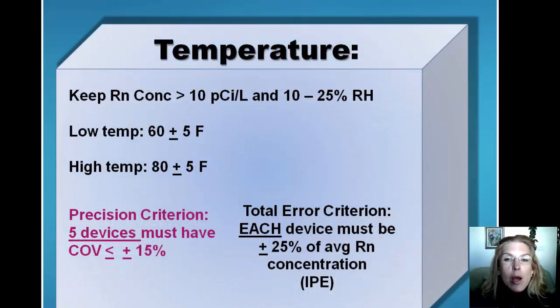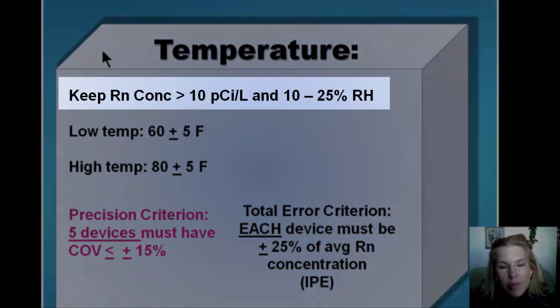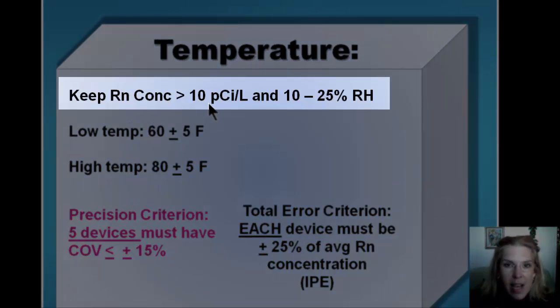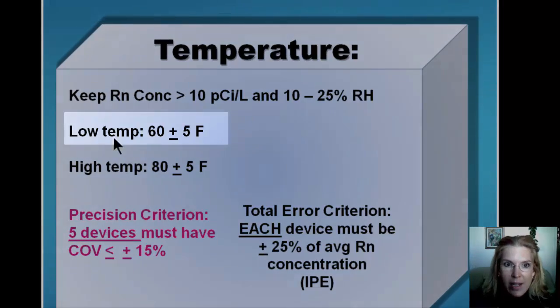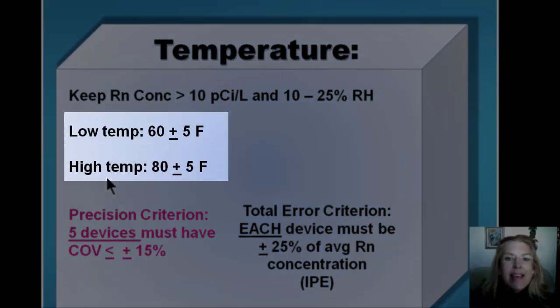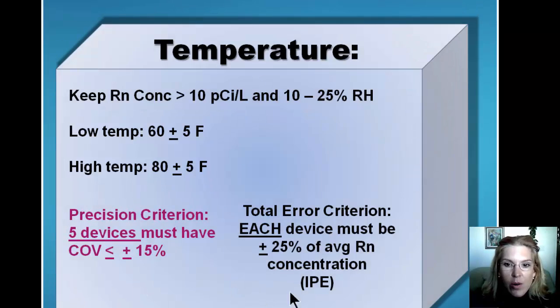Then, temperature. The requirement for temperature is that you want to keep the radon concentration relatively high so that it doesn't confound the effective temperature, and you want the relative humidity stable and in a relatively low range. And then you expose 5 devices at a low temperature, 5 devices at a high temperature. The criteria are the same as for the accuracy.